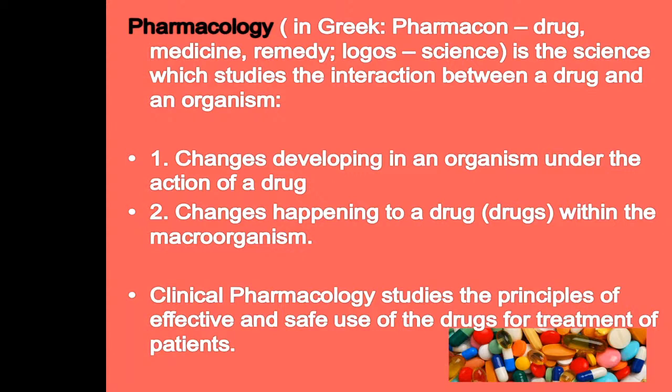Third, mineral substances, natural mineral substances. Synthetic drugs are synthesized in chemical laboratories, pharmaceutical laboratories, and synthetic drugs can be analogs of natural molecules, but can be different molecules absent in nature.